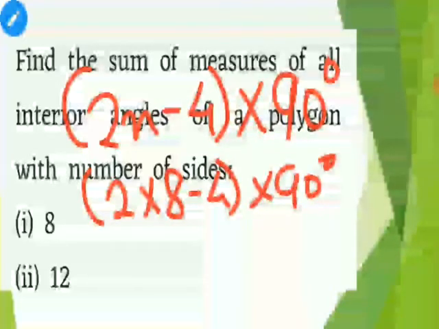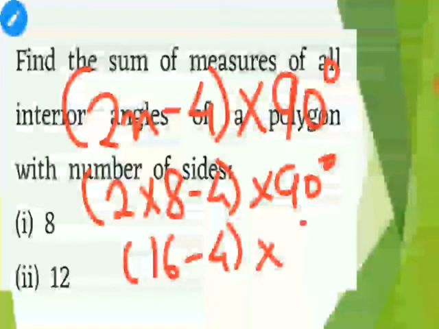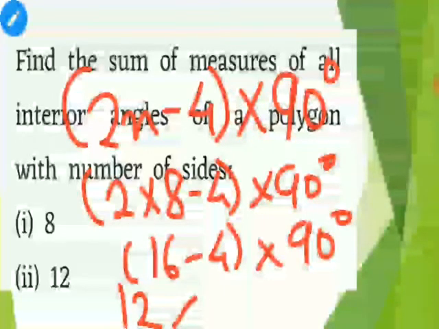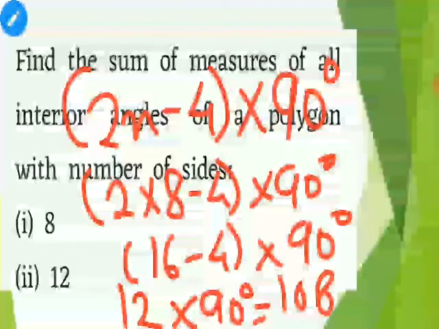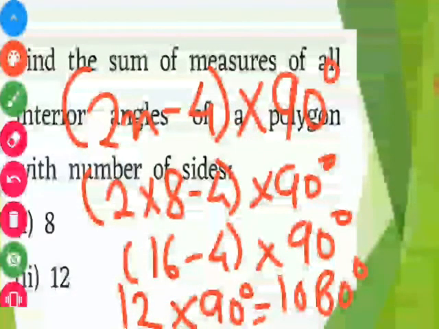So 2 into 8 is 16, 16 minus 4 is 12, 12 into 90 degrees. 12 nines are 108, and then a 0 is there, so put the 0, giving 1080 degrees. So this way we will calculate the sum of the interior angles of the given polygon with number of sides 8. Let's do the next question now.